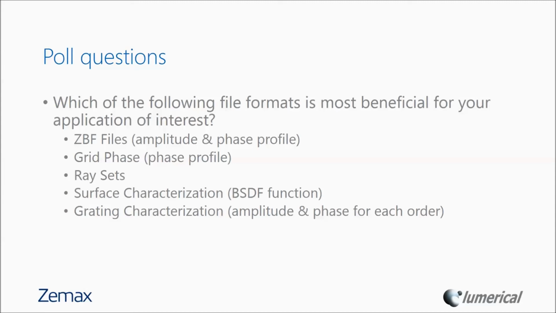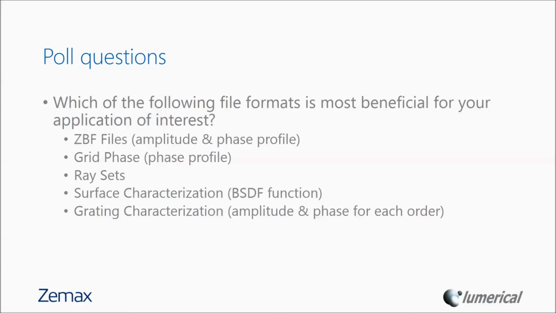Like the ZBF file, the grid phase files contain the phase distribution, which comes from Lumerical software, but they don't contain any information about the near field intensity. So the incident beam profile would be defined inside of OpticStudio. But the grid phase surface changes the phase of the beam, just like a thin lens, and then OpticStudio can trace the resulting rays through the rest of the macroscopic system.